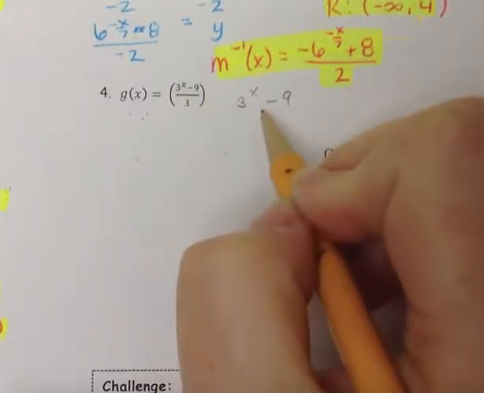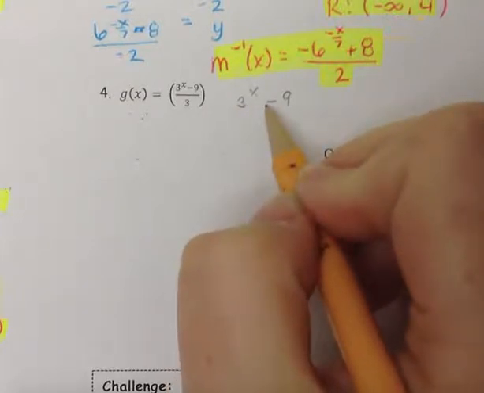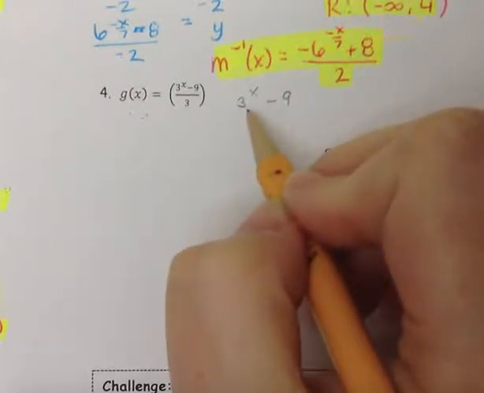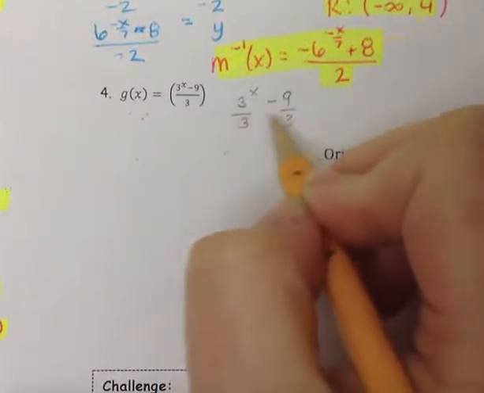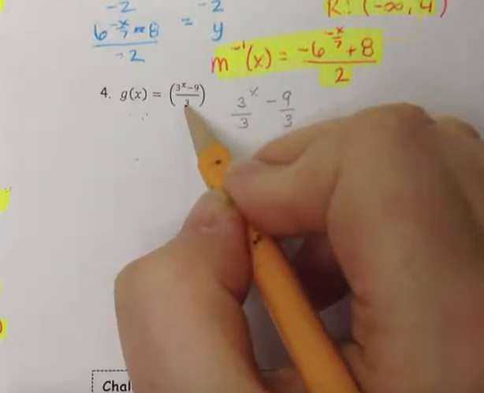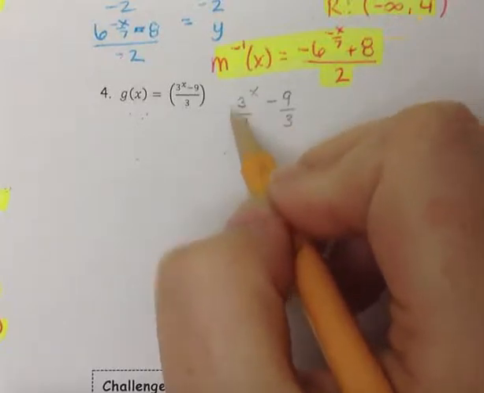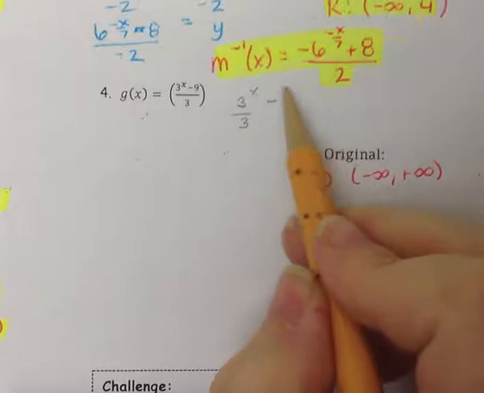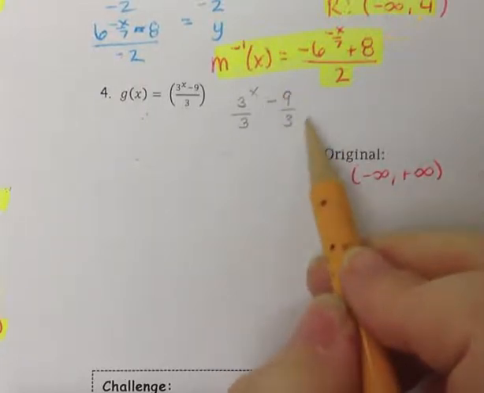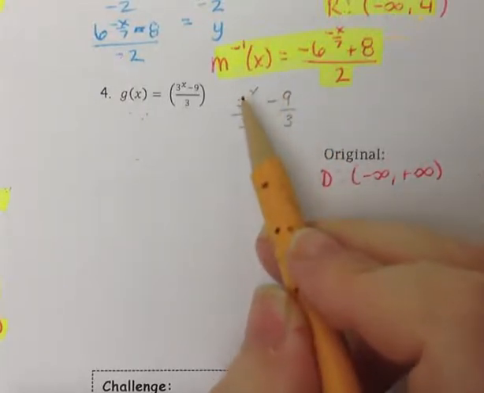When you have a subtraction of fractions, you have to have a common denominator. So if these are both divided by 3, then if we put them back together, it will still be divided by 3. So we split them up using the same denominator on both. Your k value comes from whatever's added or subtracted away from the base.